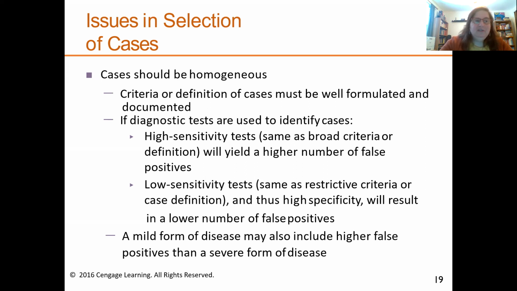So what about a mild form of the disease? If you include it, it may lead to a lot more false positives than a severe form of disease. So if we're looking at major depressive disorder again, we might want to be really strict, really tight, and make it a moderate or severe case of major depressive disorder.